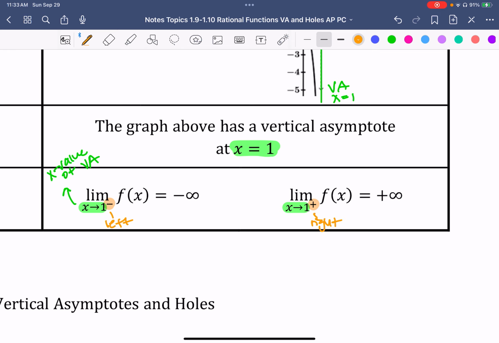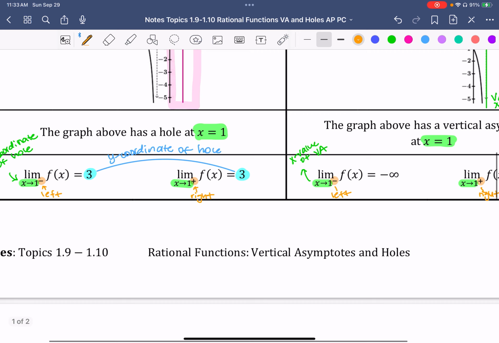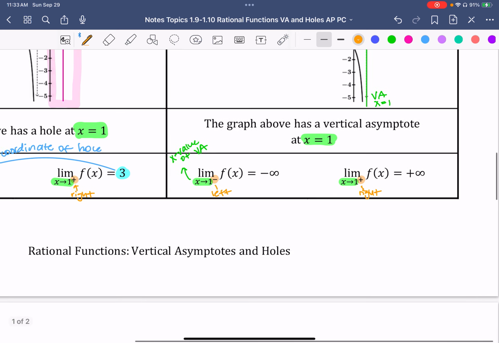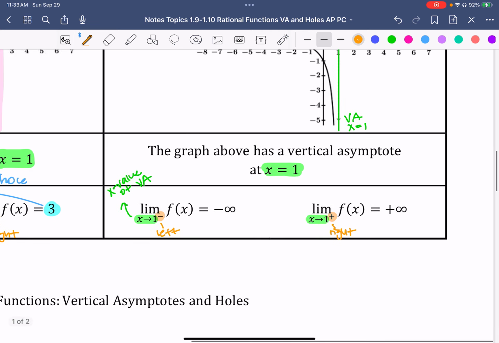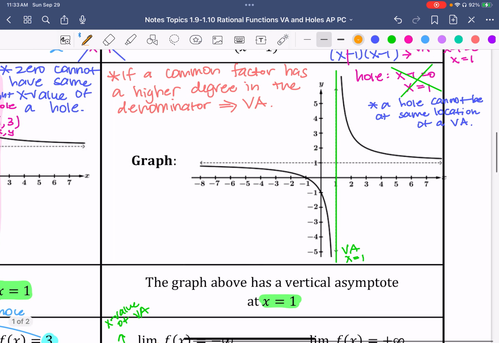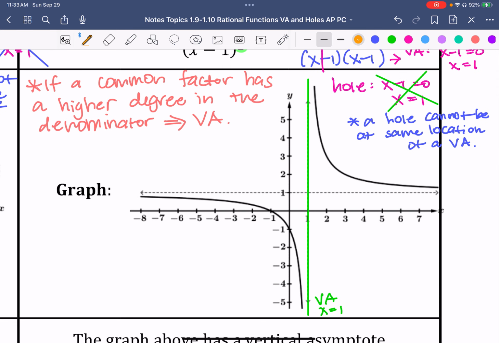Now, the first part is the same as the hole, but the answers are different, because if you remember, for the hole the answer was a number and it was the same number on both sides. For vertical asymptotes, it'll be a variation of either positive or negative infinity. So what you do is similar to what we did with the hole: we're going to locate x values that are really close to the vertical asymptote.